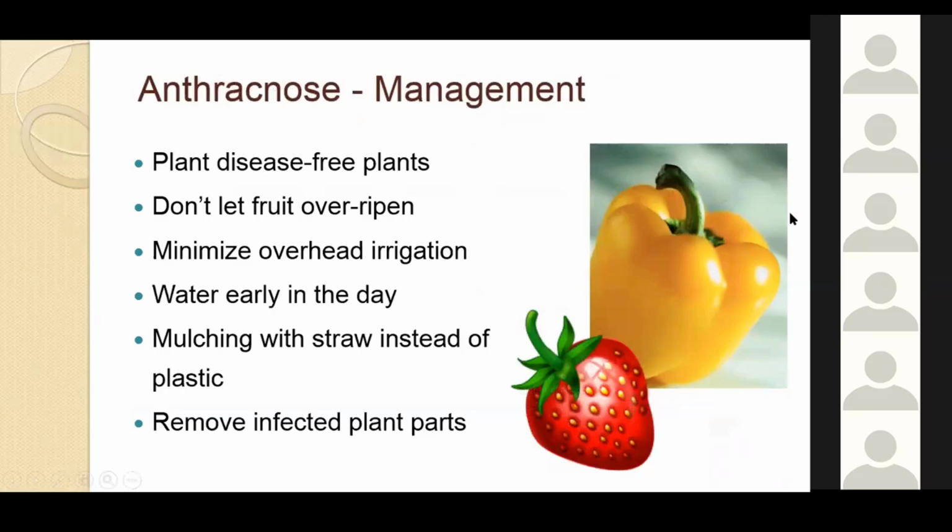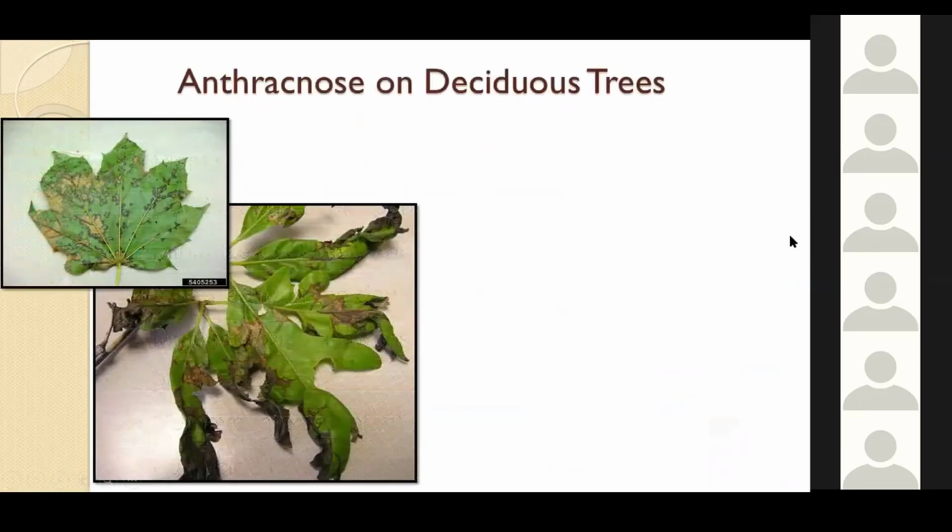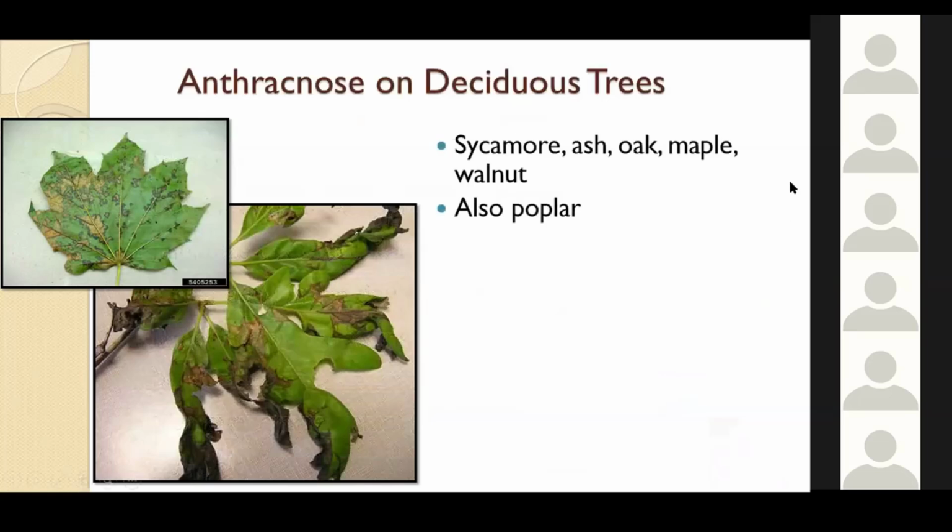So I've been talking about anthracnose on some garden plants, but we also get anthracnose on pretty much every other plant. We got a lot of calls with anthracnose on some trees last year. It can infect sycamores, ashes, oaks, maples, walnuts, poplars. Like I said, for most plants, there is a type of anthracnose that can infect them.